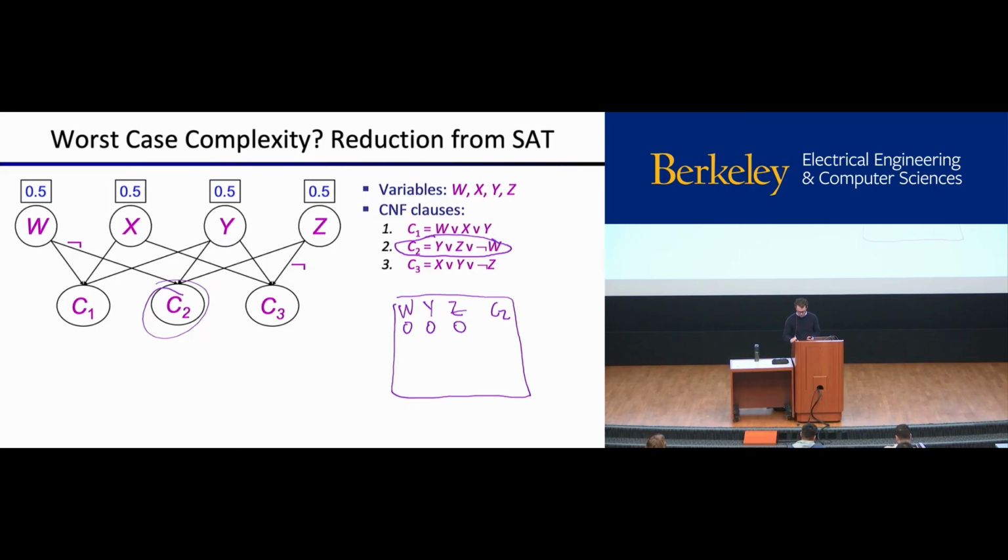We have not W, so that means yes. So we have a probability on C2 of 1 whenever we have that condition, right? And then we go to the next one, 0, 0, 1. We basically build up our truth table, and we want the probability distribution for this conditional probability table to reflect the truth table associated with that particular clause.